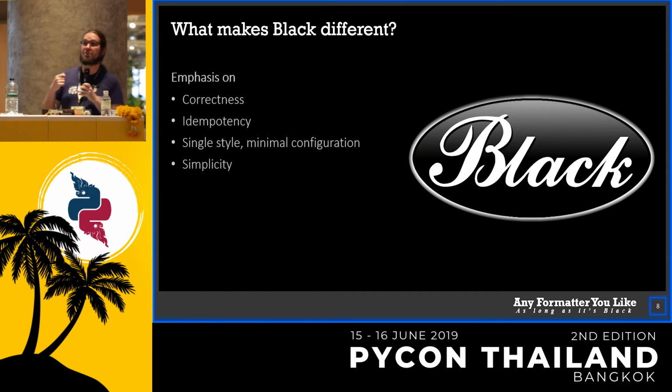The other interesting thing about simplicity is Black tries to make sure that input formatting does not influence output formatting. The only thing that influences output formatting is the actual syntax tree, which is what the Python interpreter cares about. So slight variations in white space and stuff like that does not really matter, with a few exceptions.